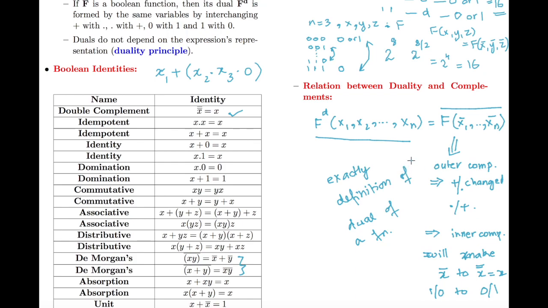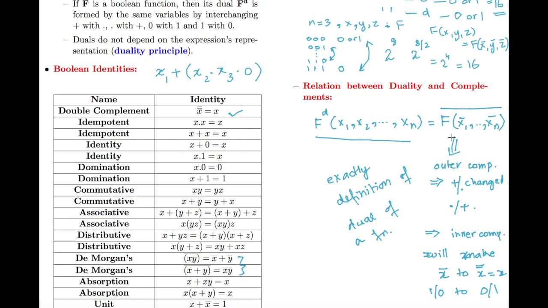What we did was use some definitions and De Morgan's laws to prove that the dual of a function is equal to the complement of the function when that function is applied to the complement of the variables. So this can be thought of as another definition of the dual function.